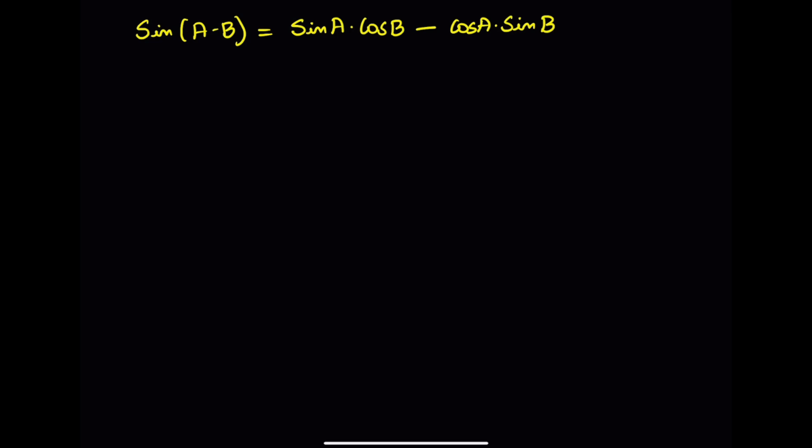Now from the previous formula, we know that cos of a minus b is equal to cos a cos b plus sin a sin b. This we just learnt. Now how can we use this equation to arrive at the first proof?